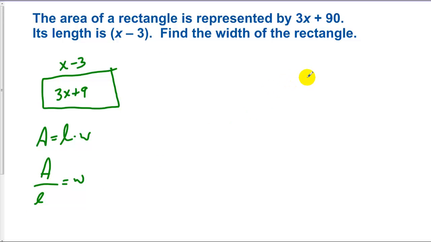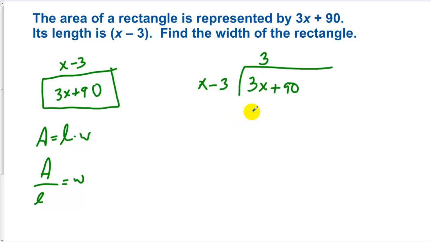And we'll do this using long division. So let's say I have 3x plus 90. And I'm going to divide x minus 3 into that. I say what multiplied by x is equal to 3x, and that's simply 3.